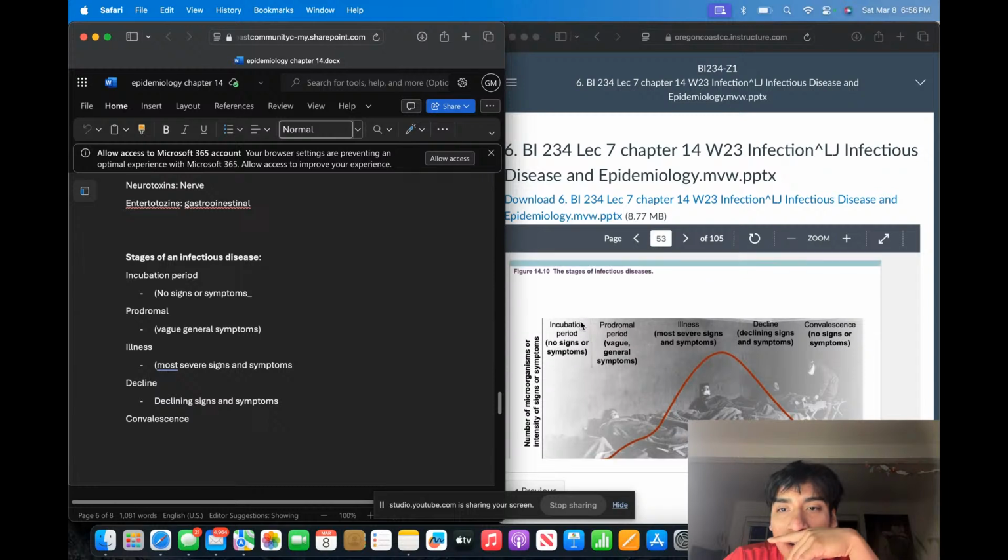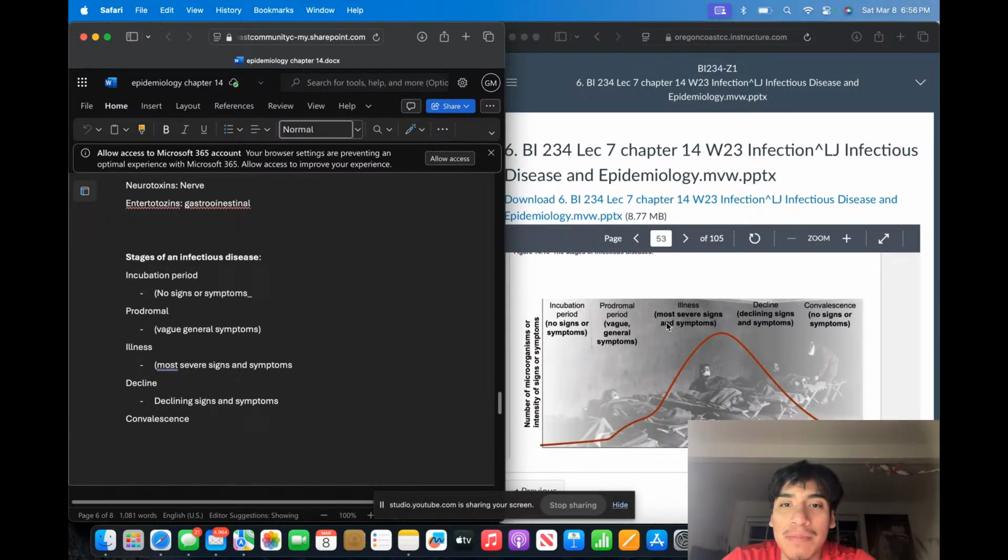All right, so here we are at stages of infectious disease. First of all, we see the incubation period, no signs or symptoms. Prodromal, vague general symptoms.